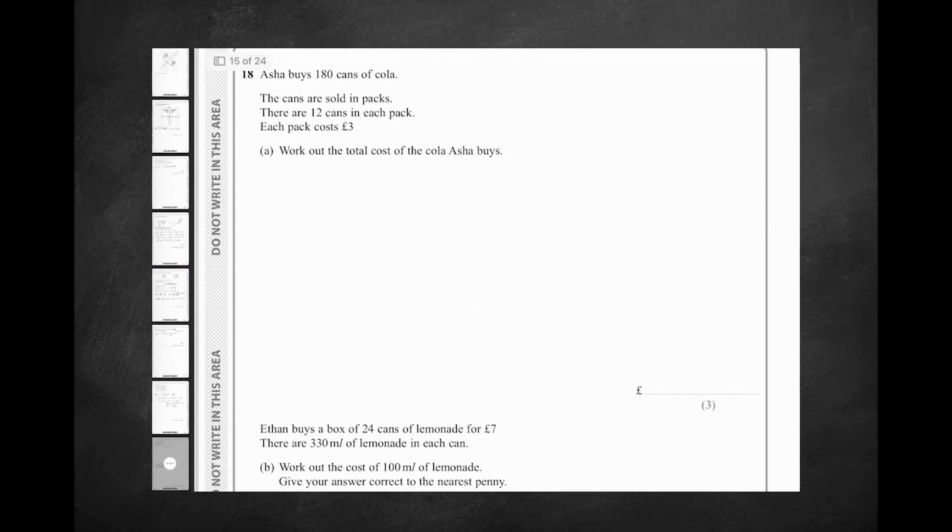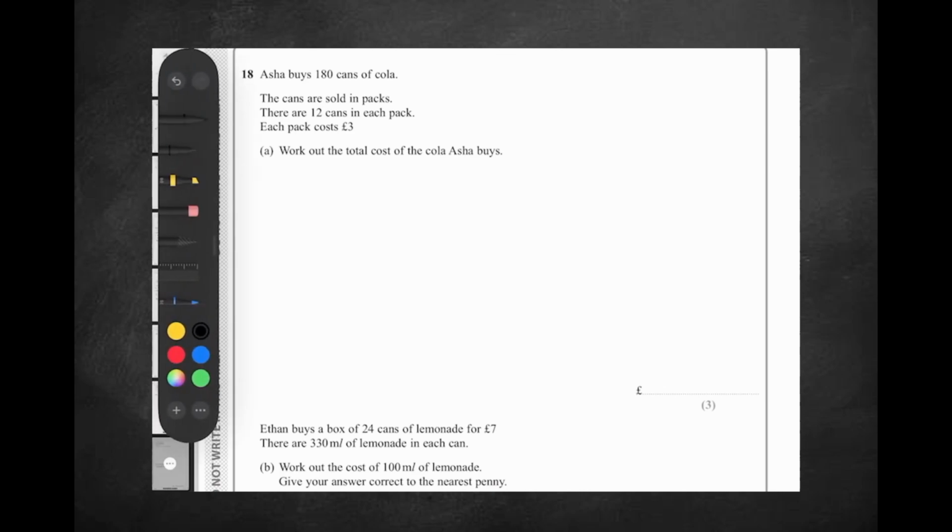Question 18. Asher buys 180 cans of cola. The cans are sold in packs. There are 12 cans in each pack, and each pack costs £3. Work out the total cost of the cola Asher buys. So she buys 180 cans and 12 per pack.